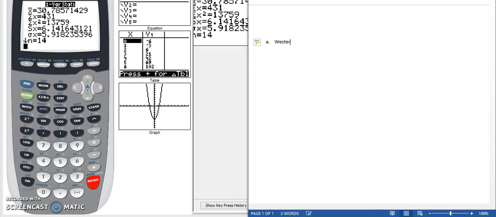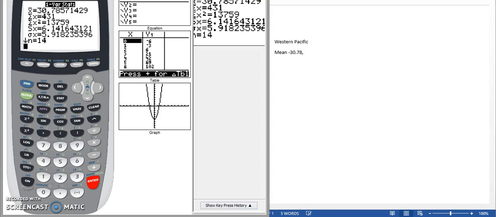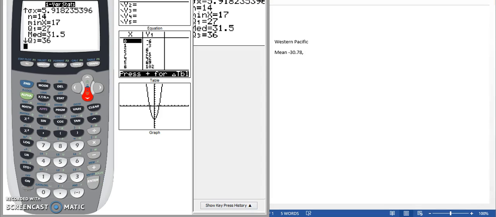Western Pacific mean is 30.78. Standard deviation is 6.4. I'm not worried about that one.